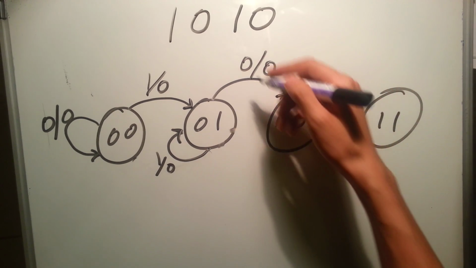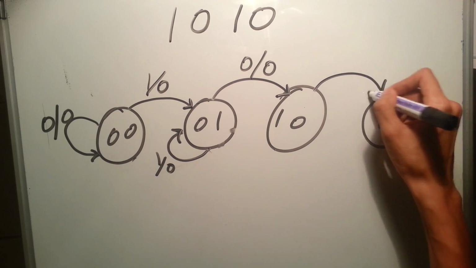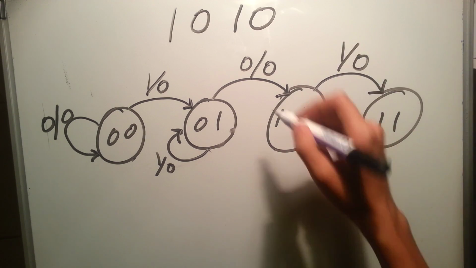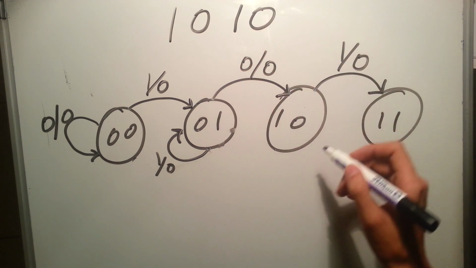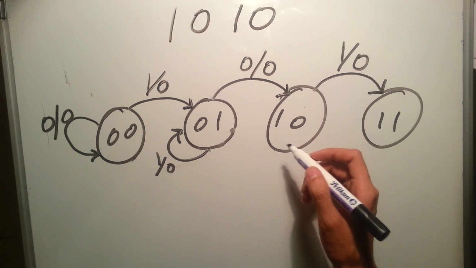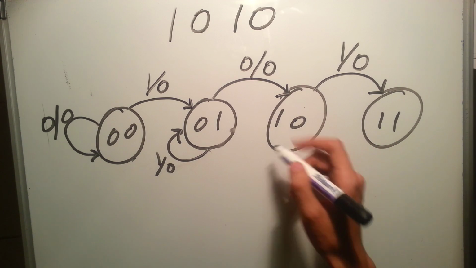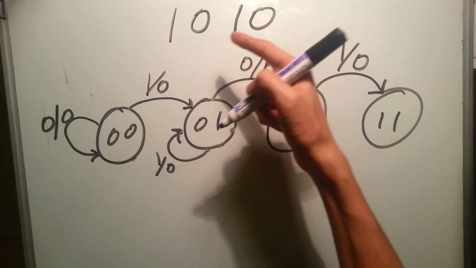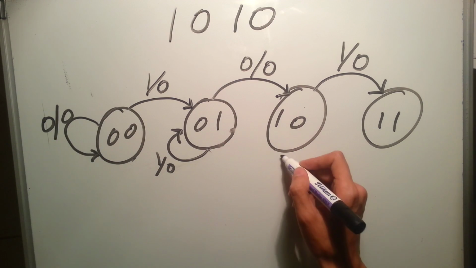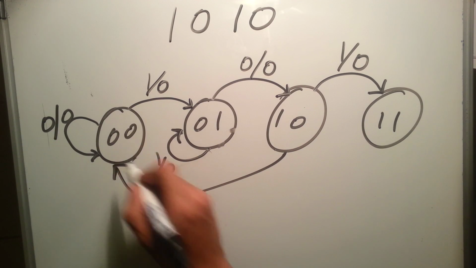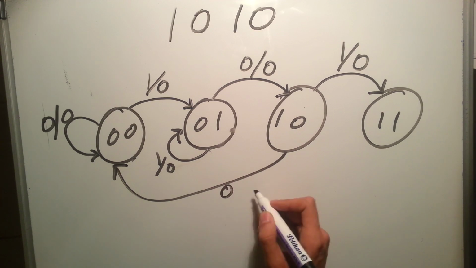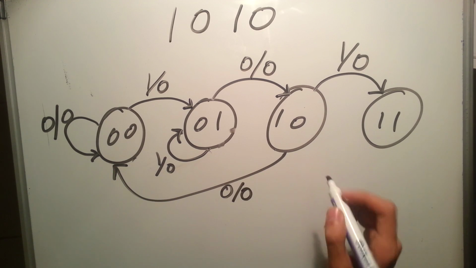After that, if you got a 1, you'll go to the next state with output 0. But if you got a 0, you will go back to which state? 1 0 0. Then you'll have to reset again, so you'll go back to the first state, with output 0.